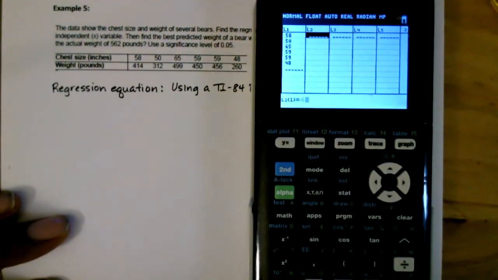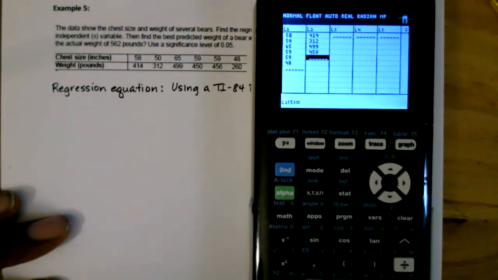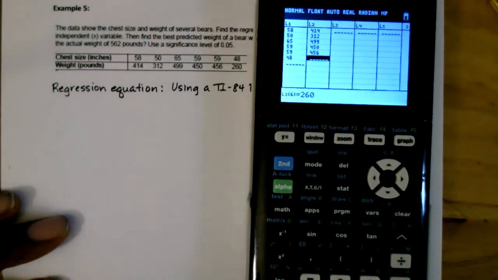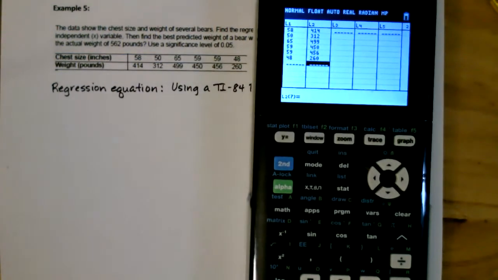So in this case here, that's 414, then 312, 499, 450, 456, and 260. And make sure that you press enter even after the last number. And make sure your data values are correct and you have the same number of data values in L1 as you do for L2. All right, so here's how we're going to get that regression equation.